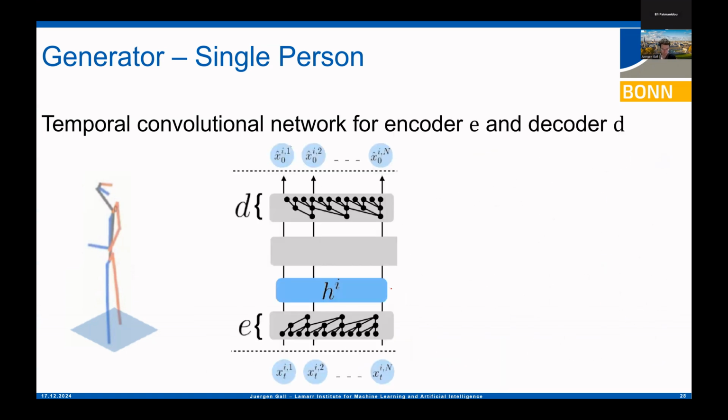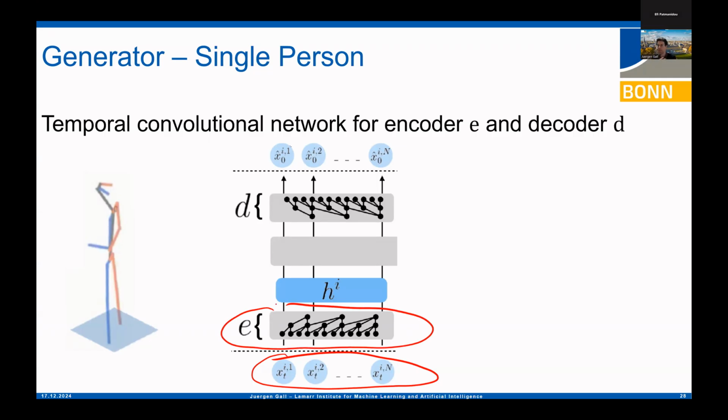If you first look at a single person, here at the single diffusion step, we have our sequence of poses, including the observed poses and the future poses. Now we have an encoder, which is based on dilated temporal convolution.